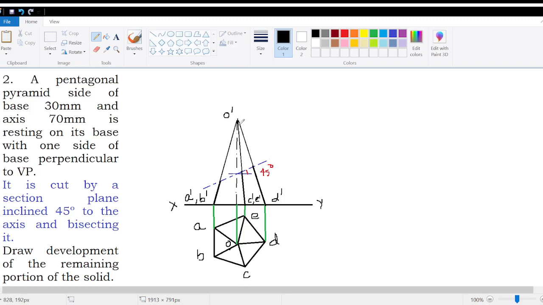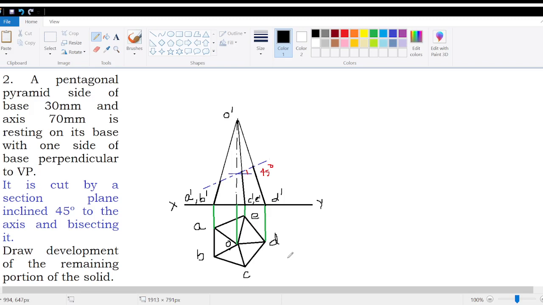You will get O dash A dash, O dash B dash, O dash D dash and the other 2 lines. Now, if you measure O dash A dash or O dash C dash or O dash D dash, you can see that these three are of 3 different lengths. So we have to find out which is the true slant edge length.